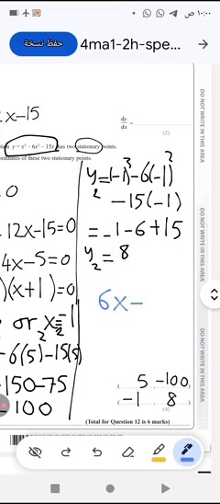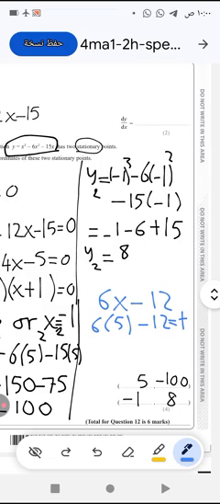Substitute your first point, 5. 6 times 5 minus 12 equals positive 18. We get positive.